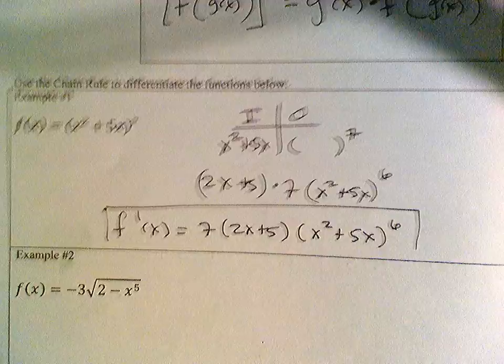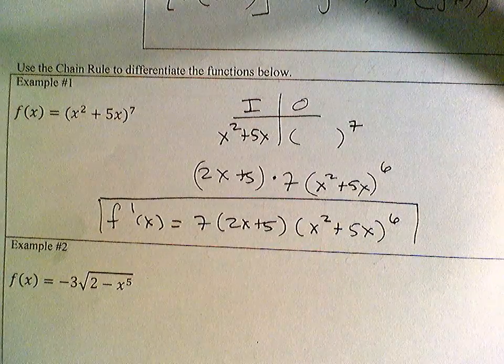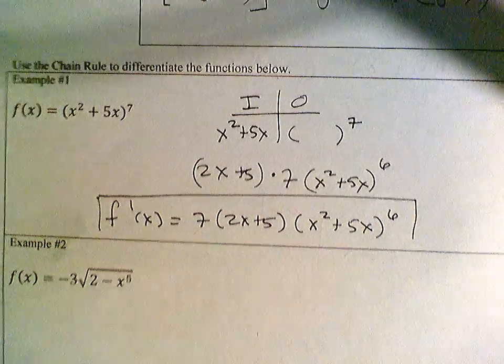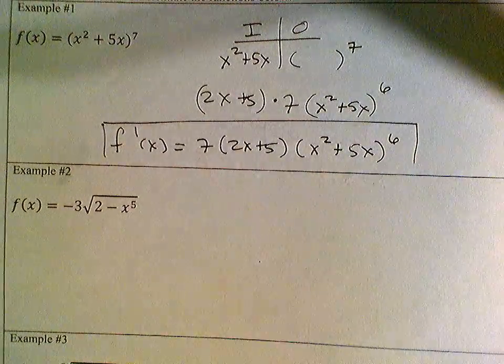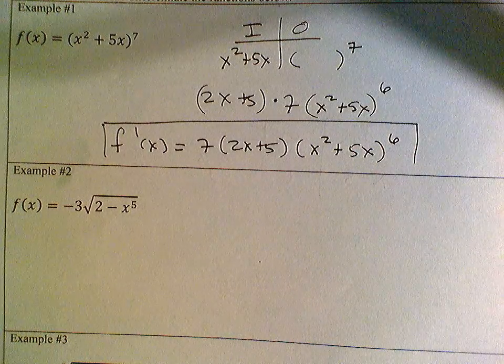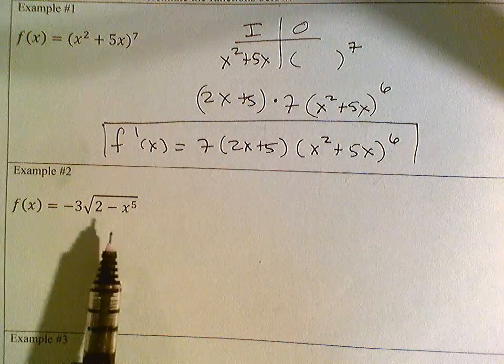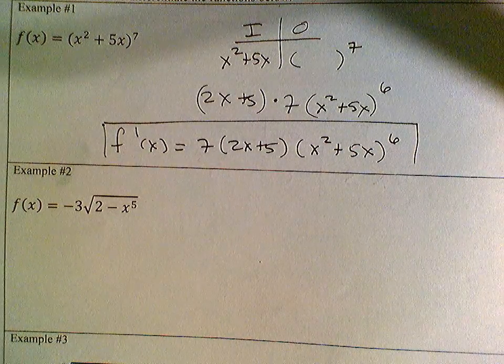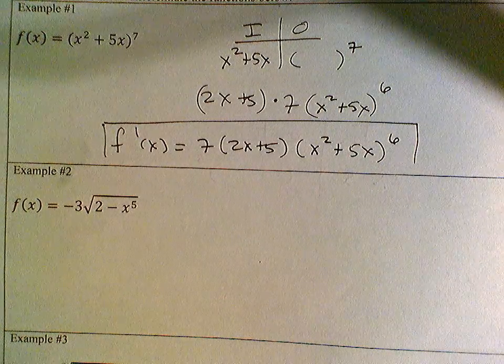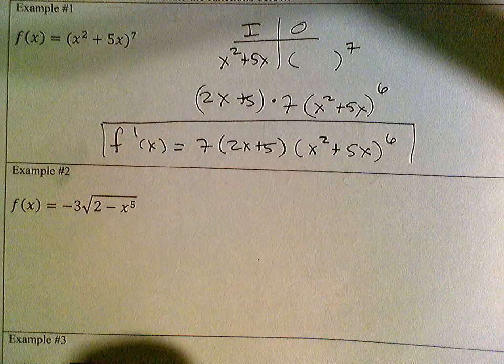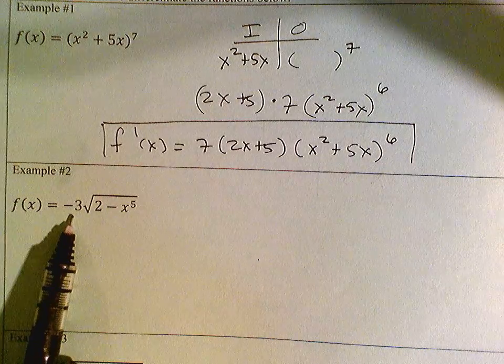Okay, example 2. So you know that you're going to use chain rule whenever you have one function inside of another function. And I look here and I see 2 minus x to the 5th. That's a function on its own, and it's inside of a radical. And the radical has a coefficient of -3.